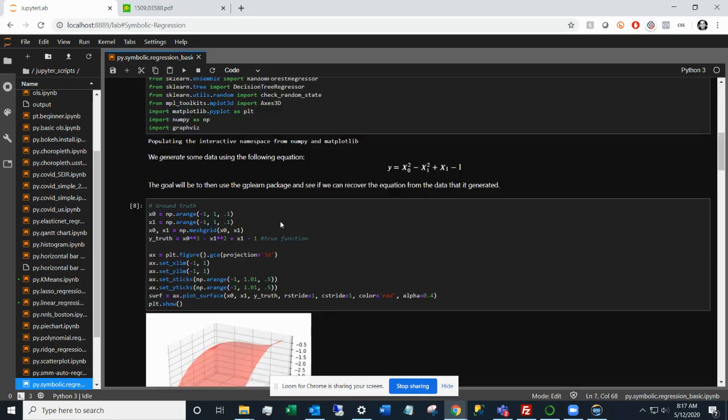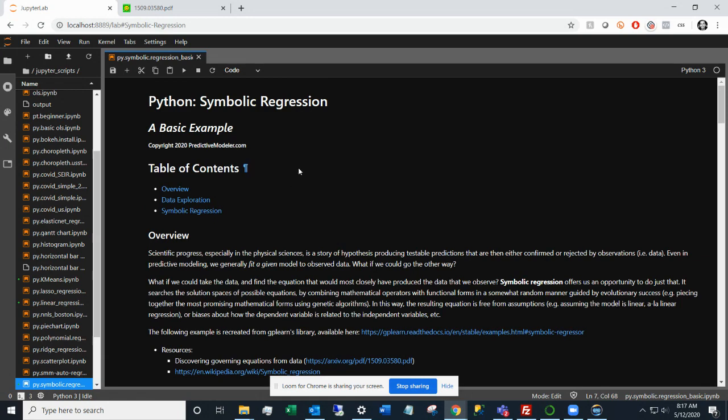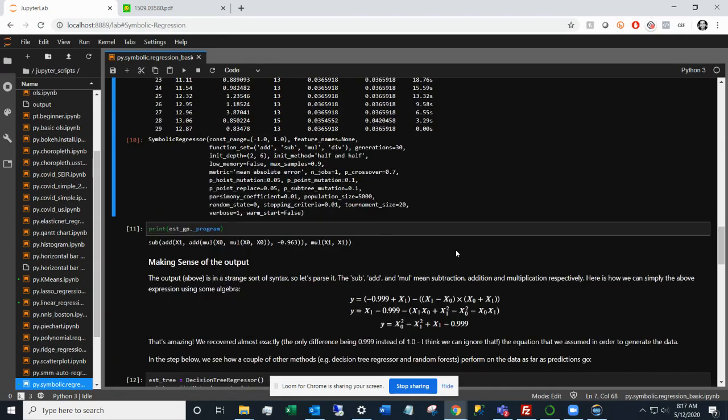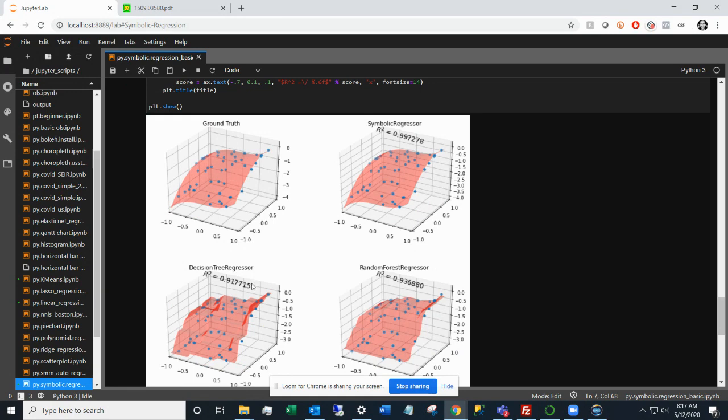But through something like symbolic regression, you can recover some sort of functional form, and also recover how well it performs against some other methods that don't produce this beautiful closed form equation, like decision tree or random forest or neural networks. They're complicated methods that don't produce these closed form solutions.